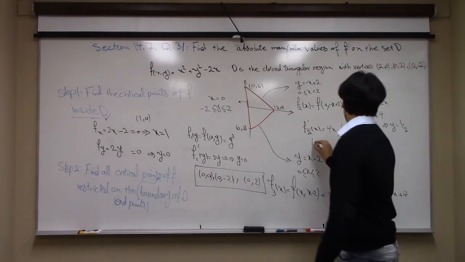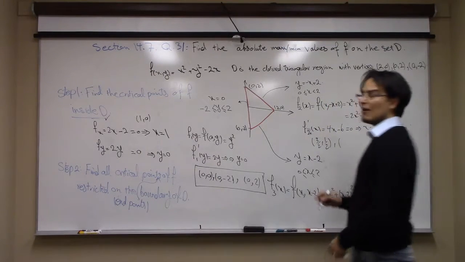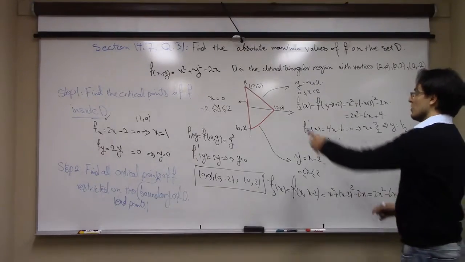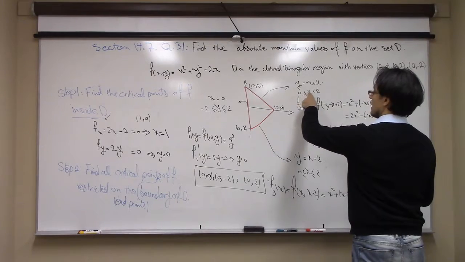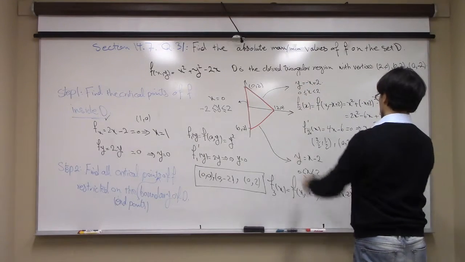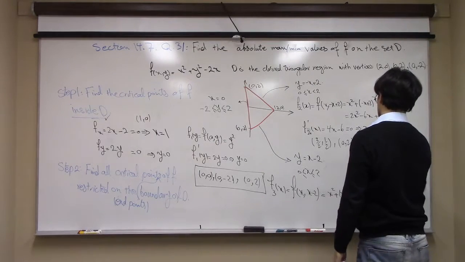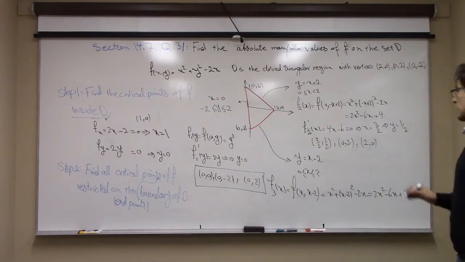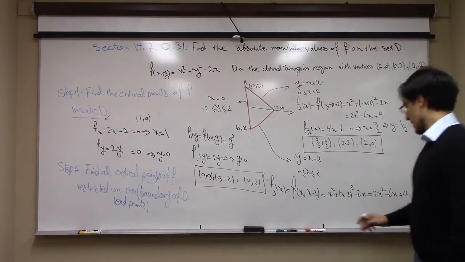So the critical point for this part is this, and I have to put in the endpoints, which are (0, 2): you plug in x equals 0 here, y would be 2, and plug in 2, you get (2, 0). So I found 3 points here.